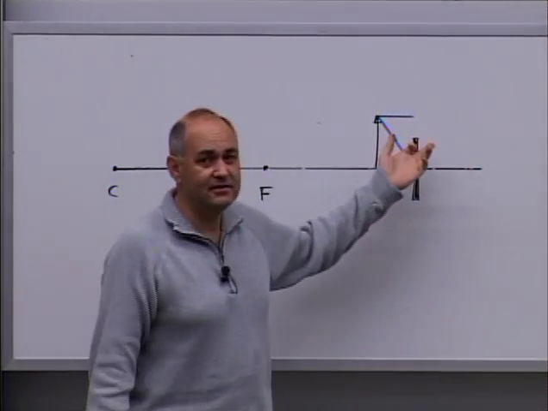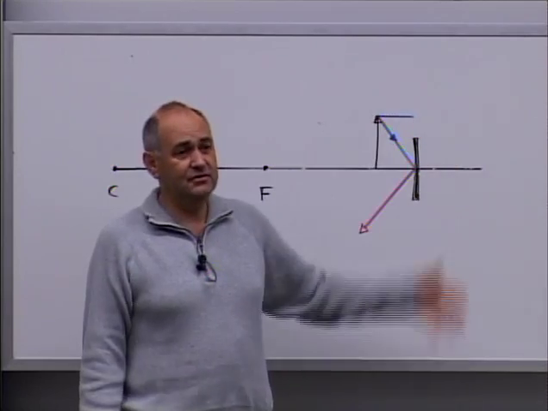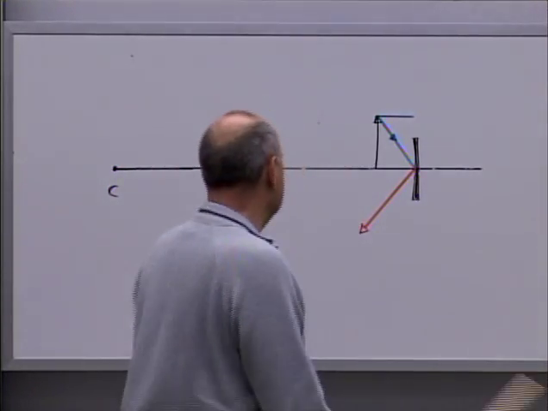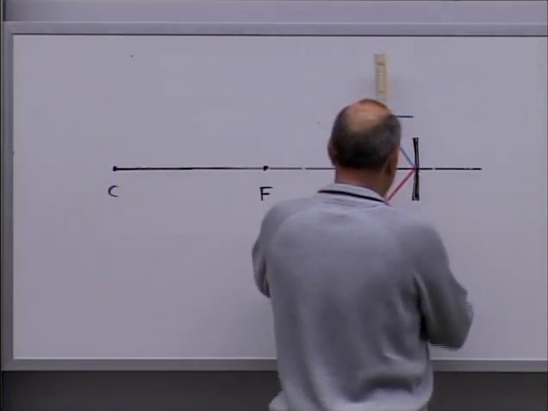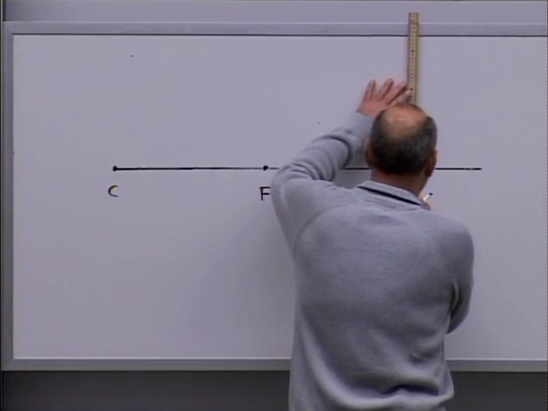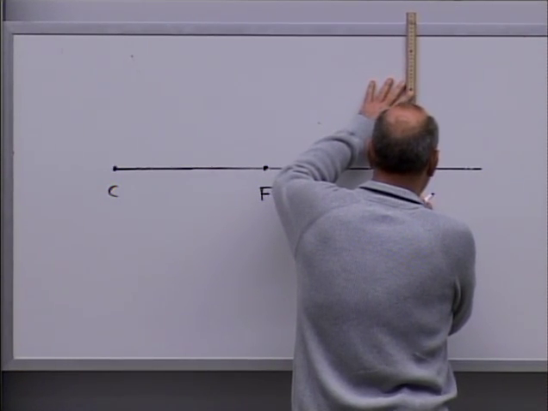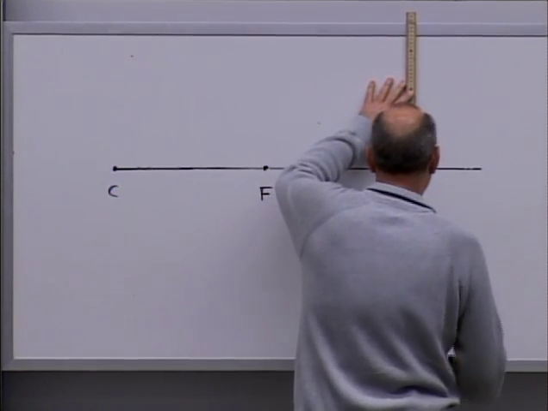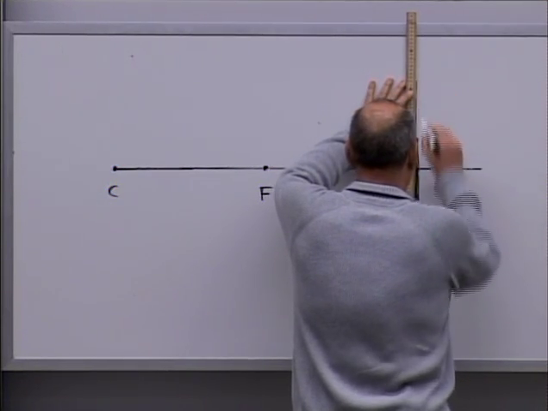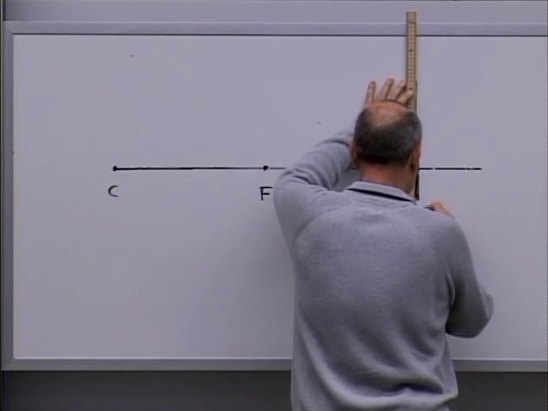Well, the mirror is too short here. You have to imagine that you can extend that mirror appropriately. And, well, in principle, it is curved, but the error will be insignificant if you just extend it as a straight line.